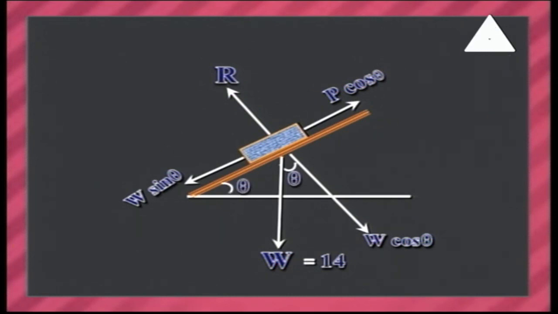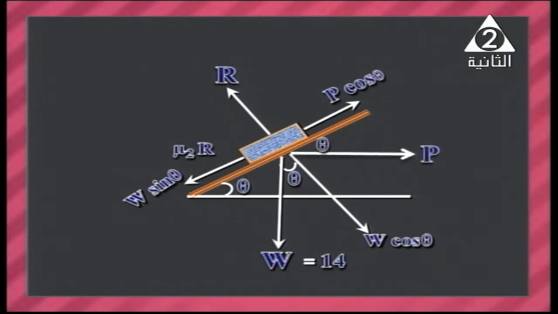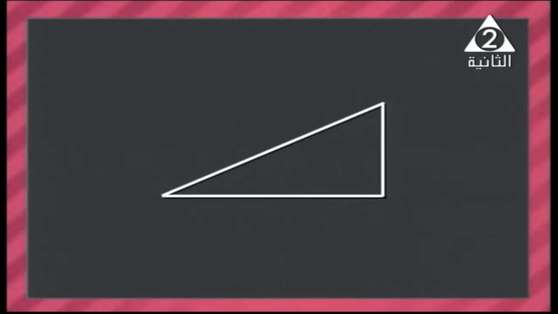We have μs R and B, which is horizontal, parallel to the horizontal. We resolve B along two perpendicular axes. Theta has cosine 12/13, then we find the third side by Pythagoras' theorem, which equals 5. Then sine theta is 5/13 and cosine theta is 12/13.